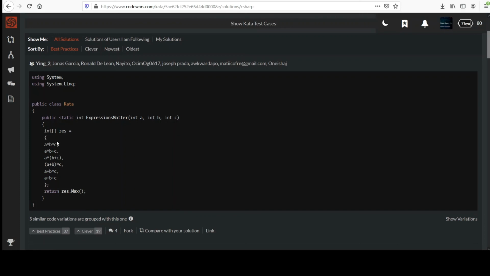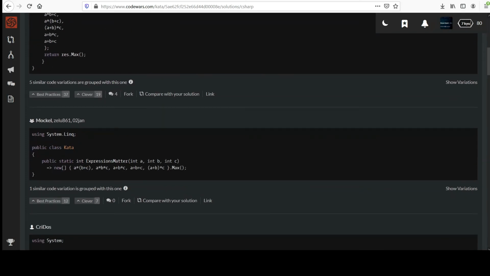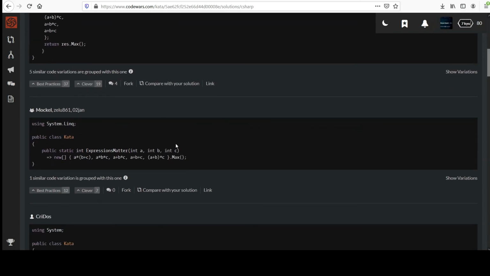Okay, so they made an array of all the possible ways to combine, and then just use this max function on the array, and it would iterate over all of these and get the highest value and return that. That's cool. Yeah, same kind of thing going on here.